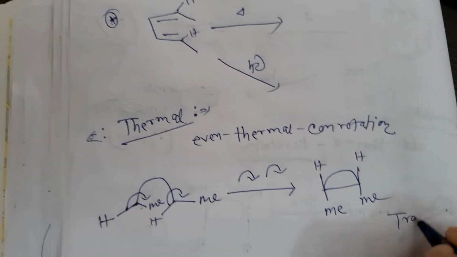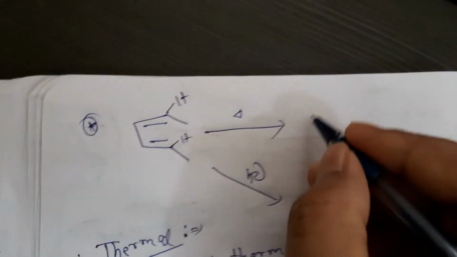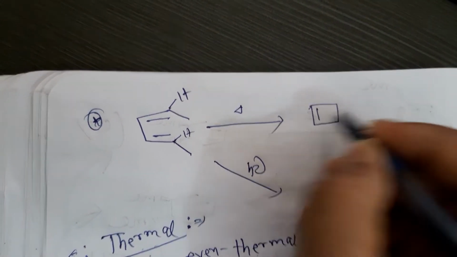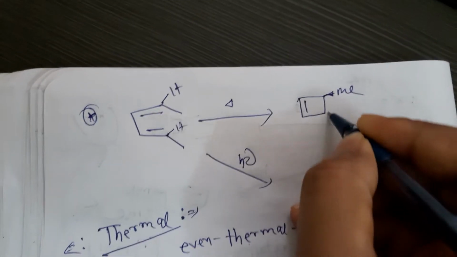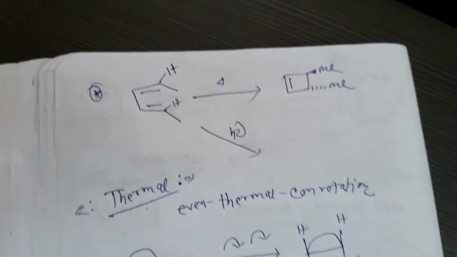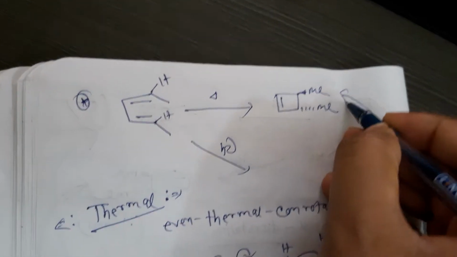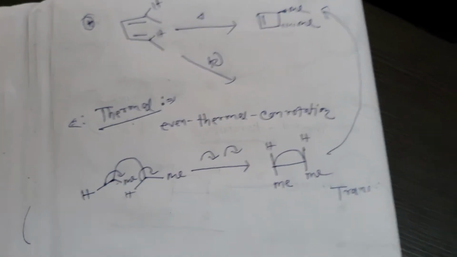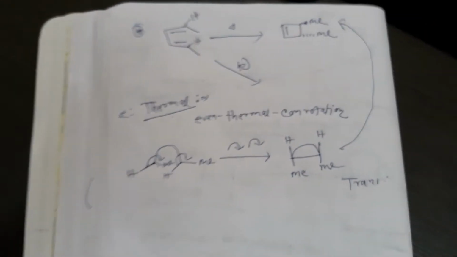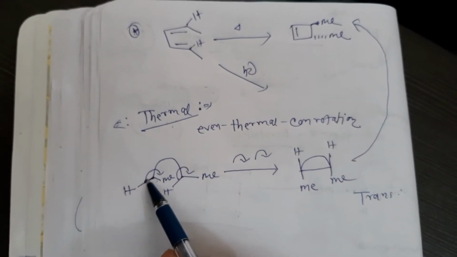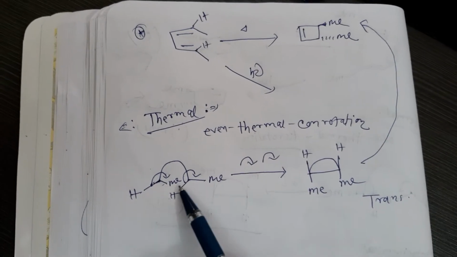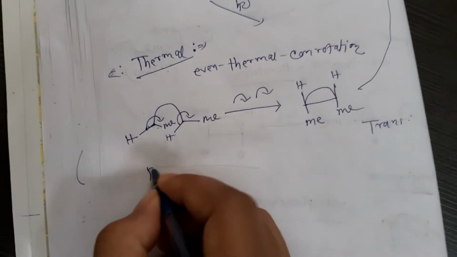The product is the trans product, methyl. This is the trans product. Got it? Okay. Now the second one, and this is conrotation. This hydrogen goes up, here hydrogen goes up. Now photochemical.